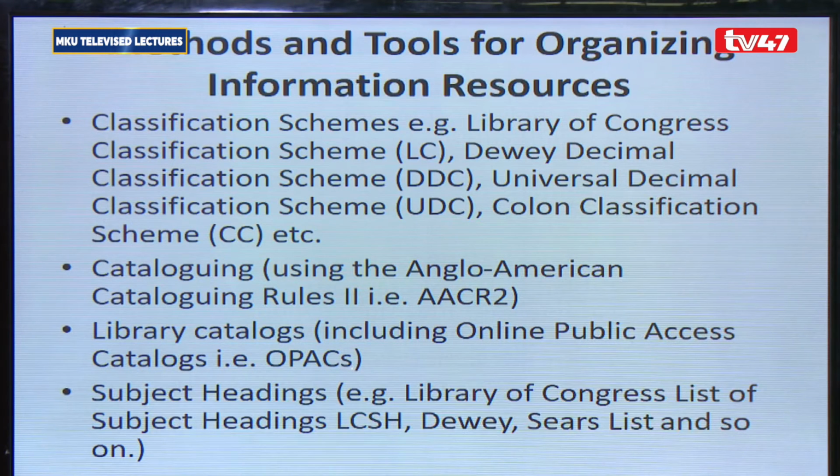Now, focusing on library cataloging, there are several classification schemes that are necessary for doing the job. Cataloging is not just done haphazardly. There are some standards and some rules that are supposed to be followed to the letter when doing the job. Some of these classification schemes are the Library of Congress classification scheme, which is commonly known as LC. Then there's the Dewey Decimal classification scheme, which is known as DDC.